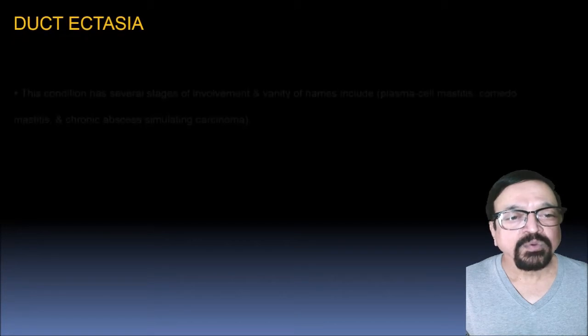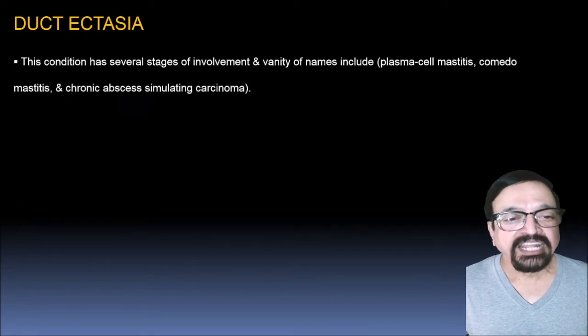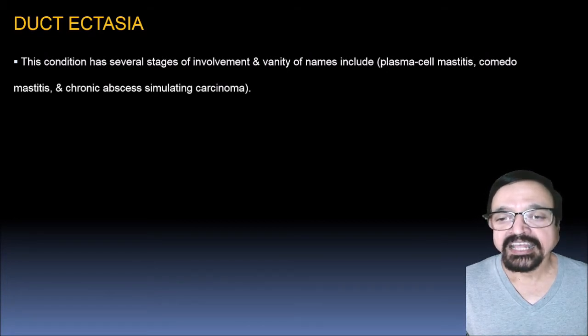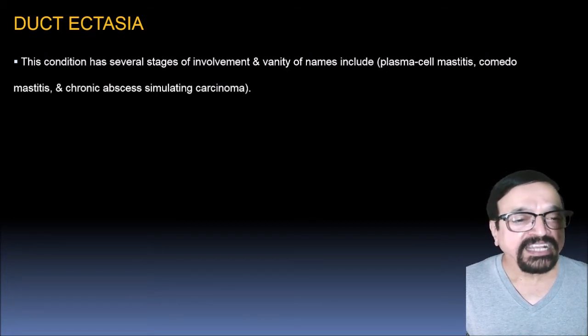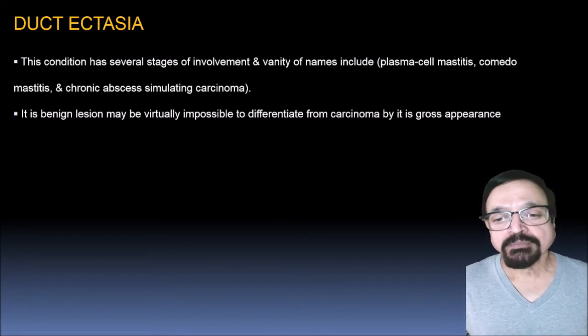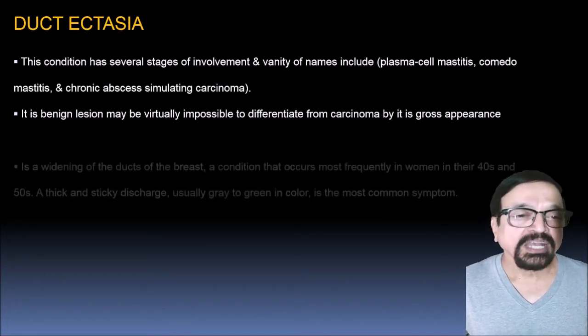Then coming to duct ectasia, an important condition. This condition has several stages of involvement and names include plasma cell mastitis, comedomastitis, and chronic abscess simulating carcinoma. It is a benign lesion, and may be virtually impossible to differentiate from carcinoma by its gross appearance.